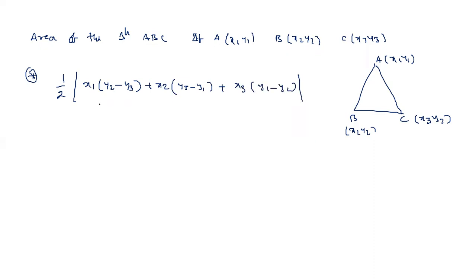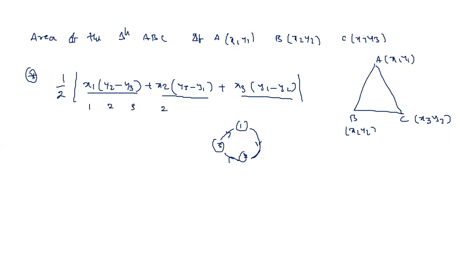So you can remember like this. It's a cyclic order. Each term is in cyclic order. Cyclic order means after 1, 2 will come. After 2, 3 will come. After 3, 1 will come.